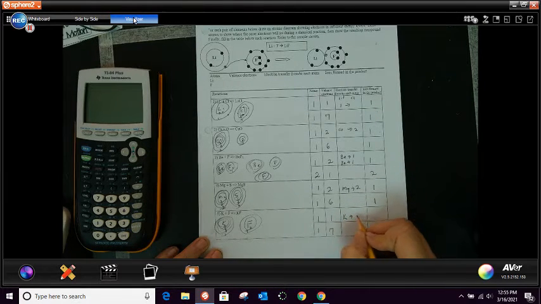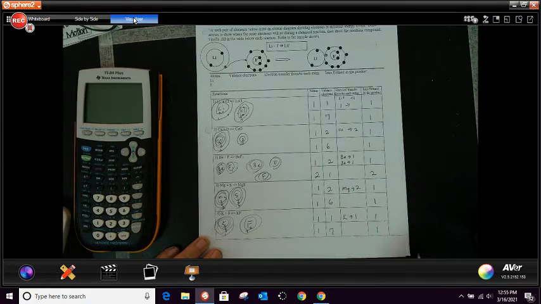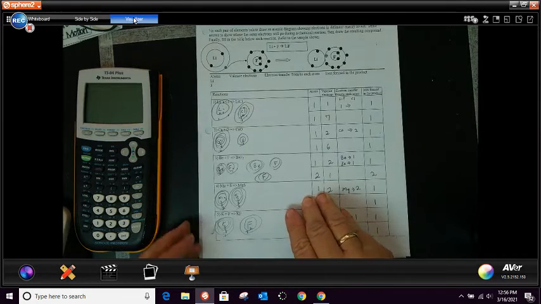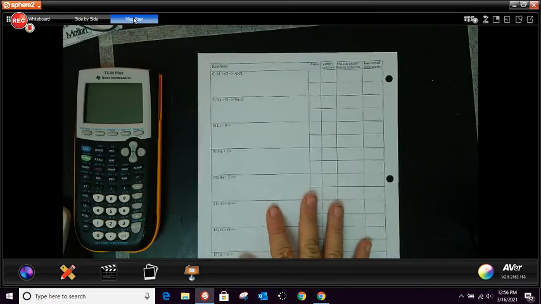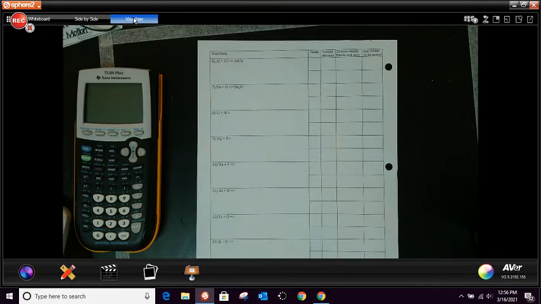K is going to donate its 1 electron to fluorine, and they are 1 K and 1 F. When you get that done, flip over to the back.